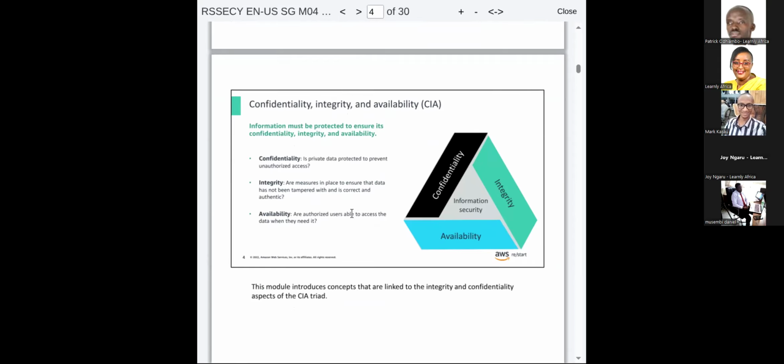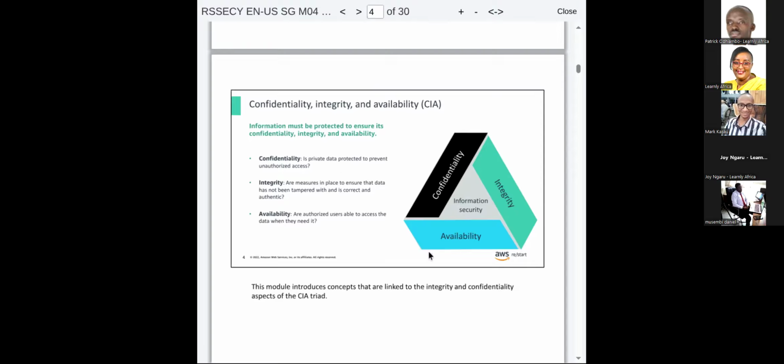On that, we also looked at the CIA triad. Confidentiality means ensuring that data and resources are only accessible to those who are authorized. Integrity means ensuring that data is not tampered with and that it is correct.